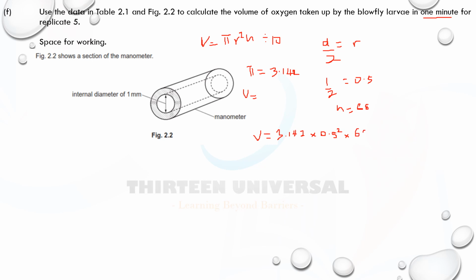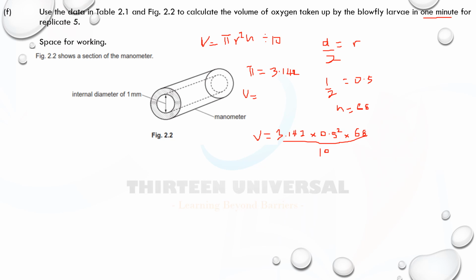Everything we got here is divided by 10, because we measured it over 10 minutes and we're looking for the volume in 1 minute. So get your calculator. I forgot to tell you to solve this. 0.5 squared is 0.25, times 3.142, times 68.